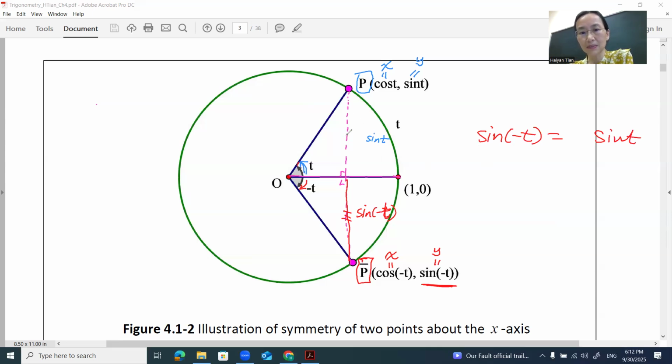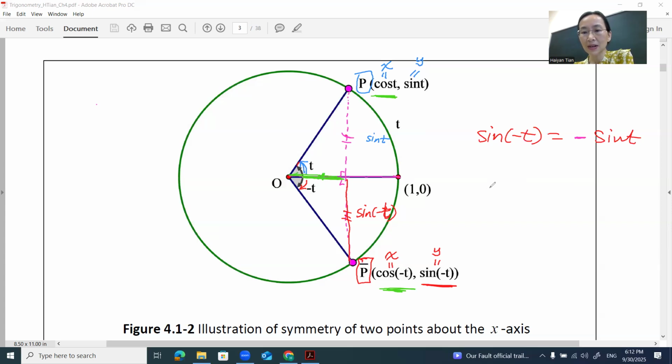So the sine t is positive here, but sine negative t is negative. So they differ by a sign. Okay, but x coordinate, this cosine t, which is this cosine negative t is also that same x, right? Also this.